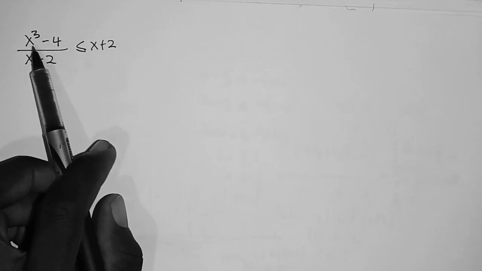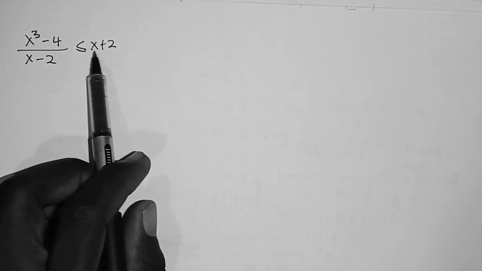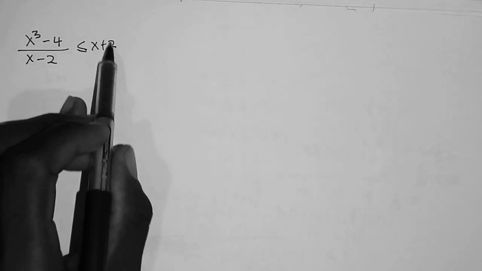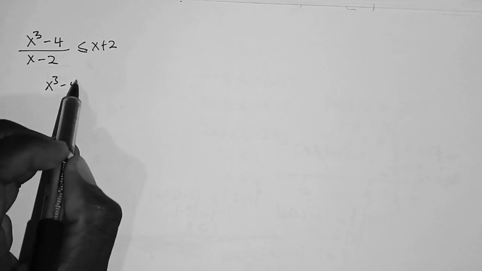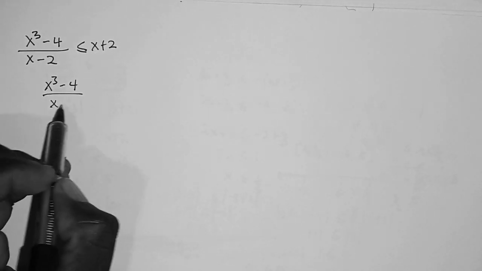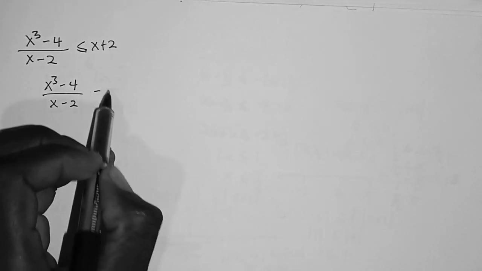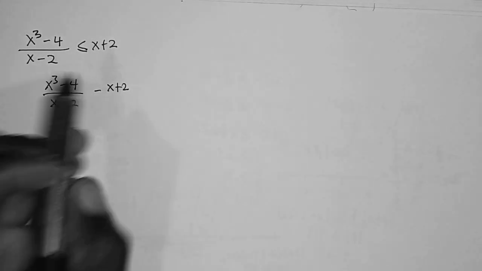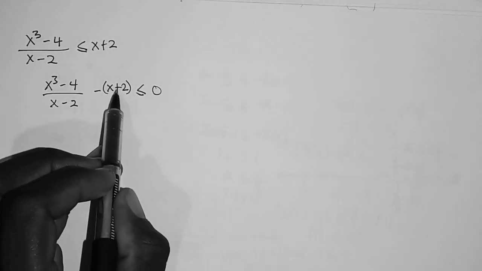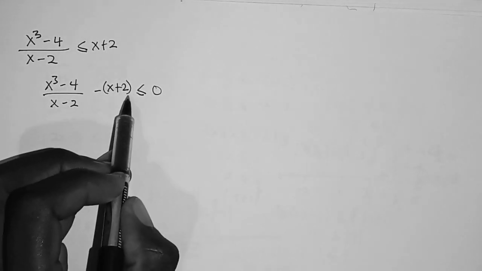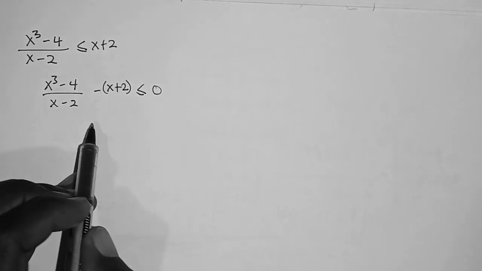So let's solve this one. (x^3 - 4)/(x - 2) is less than or equal to x + 2. Let's bring x + 2 to the left-hand side. It becomes (x^3 - 4)/(x - 2) - (x + 2) less than or equal to 0. Now, let's multiply x + 2 by (x - 2)/(x - 2).